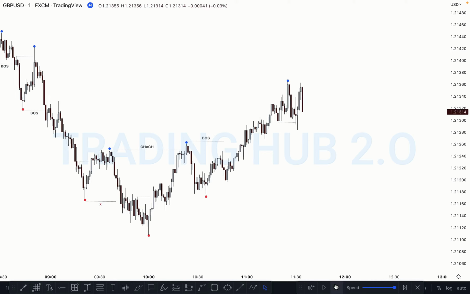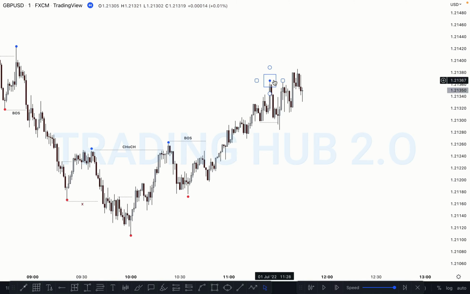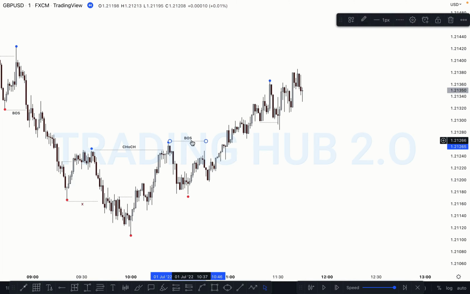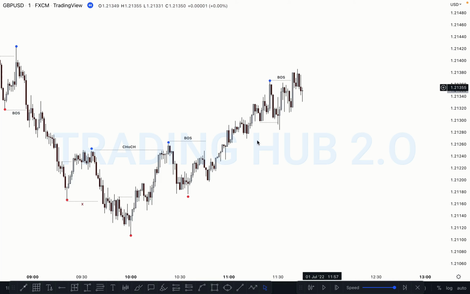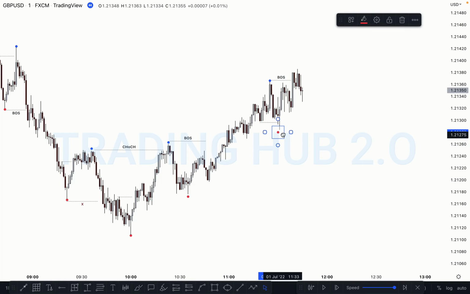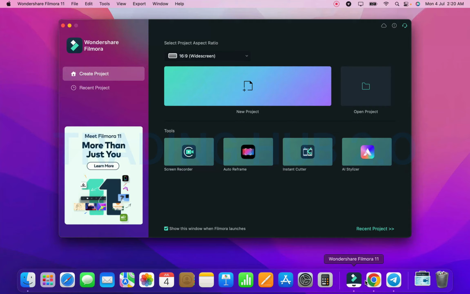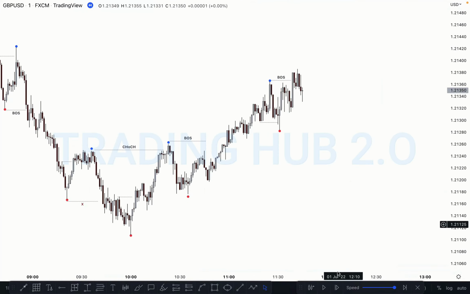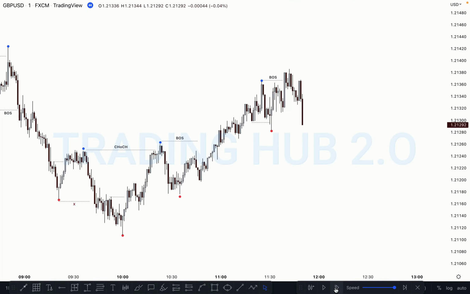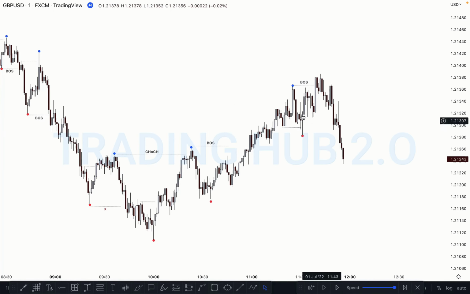Let's see. Okay, finally the market broke the structure, so this one is called break of structure, correct? And this one is a higher low. Let's see. Okay, finally what happened here? Now you can see the market broke the major low, which is here, okay?